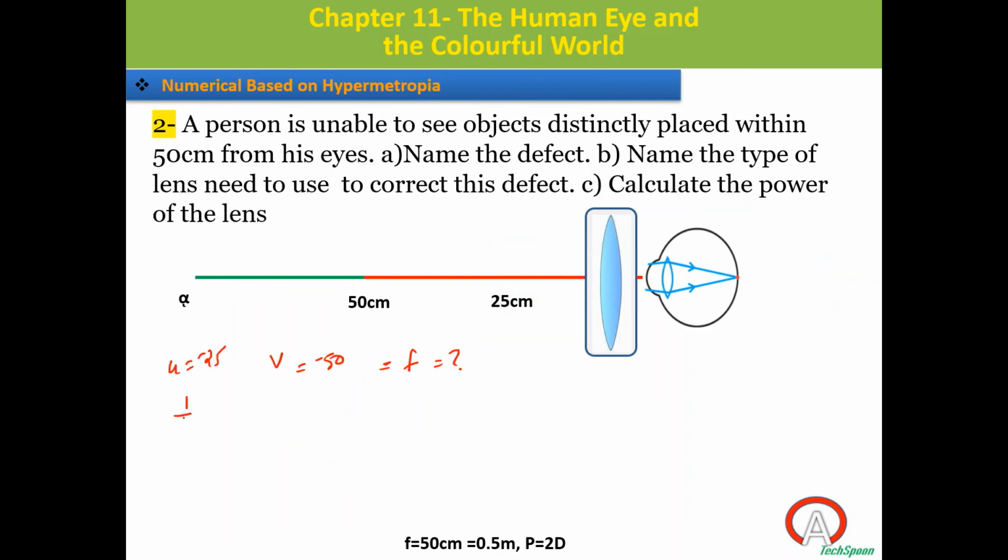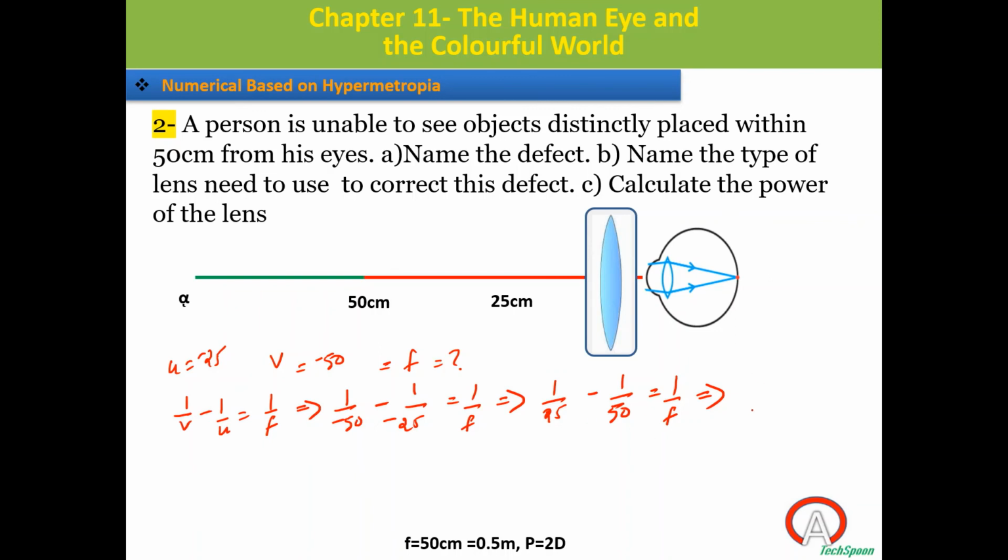So how are we getting it? 1 by v minus 1 by u is equal to 1 by f. This implies 1 by minus 50 minus 1 by minus 25 equals 1 by f, which equals 1 by 25 minus 1 by 50 equals 1 by f.